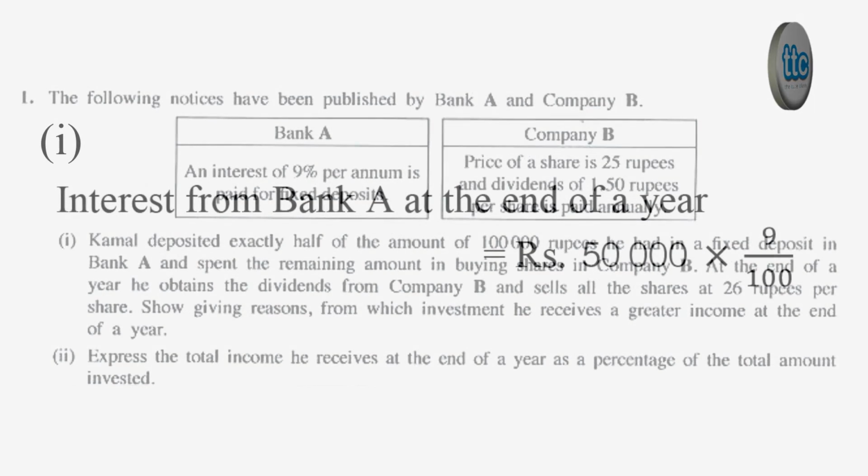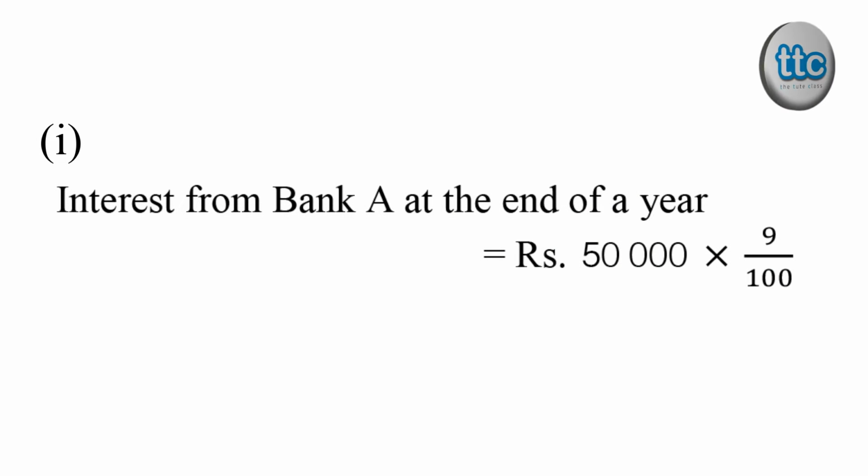Okay, we'll see separately the two incomes he receives from Bank A and Company B. First Bank A. Interest from Bank A at the end of a year. How do you calculate it? How much did he deposit in Bank A? Exactly half of the amount of 100,000 rupees.